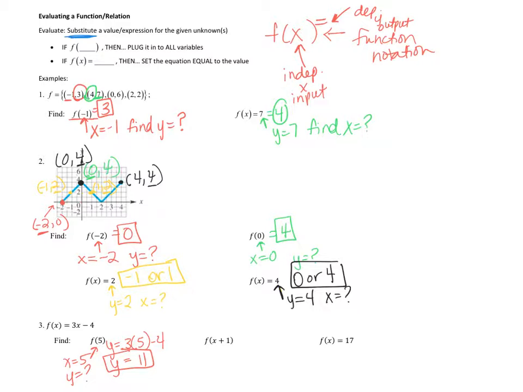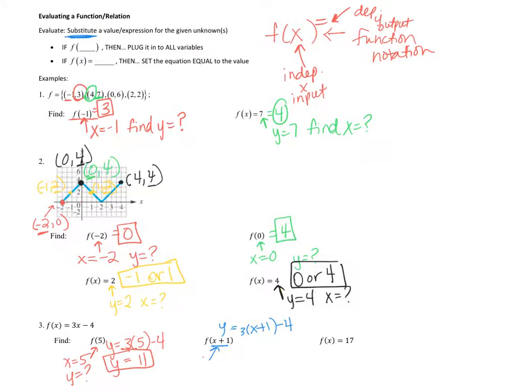So let's see what they gave us though. Here they have given us an x value again because it's inside that parenthesis there. So I'm going to plug that in. And I want to know, well, what is the y value? Again, I'm not going to have a single number answer.